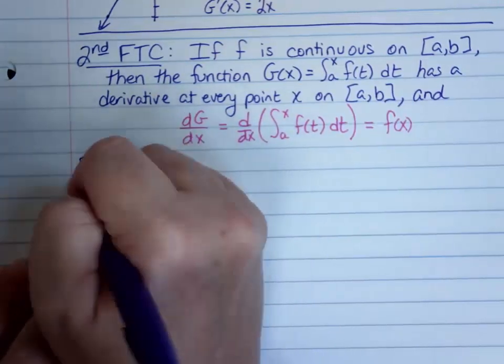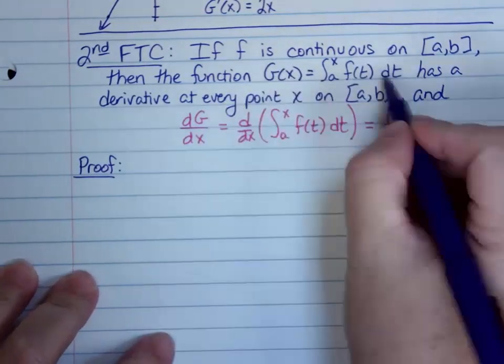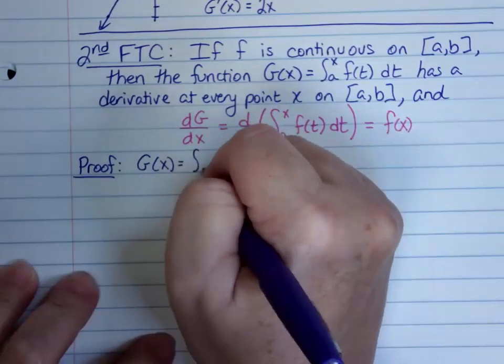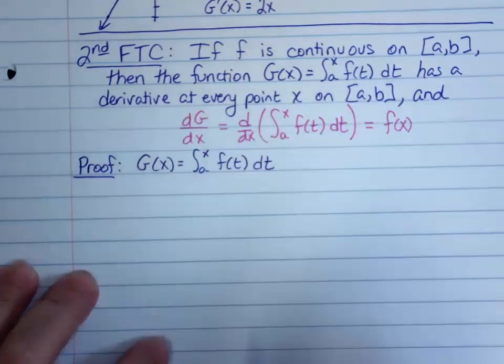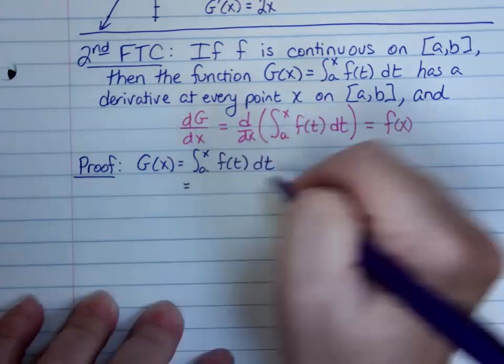So copy this down, please. Proof. Here we go. We are going to start with the g function. So we're going to recopy g of x equals the integral from a to x of f of t dt. Okay, I am actually going to go ahead and take the antiderivative of the right side of that problem, because I can, because of what we did the other day.